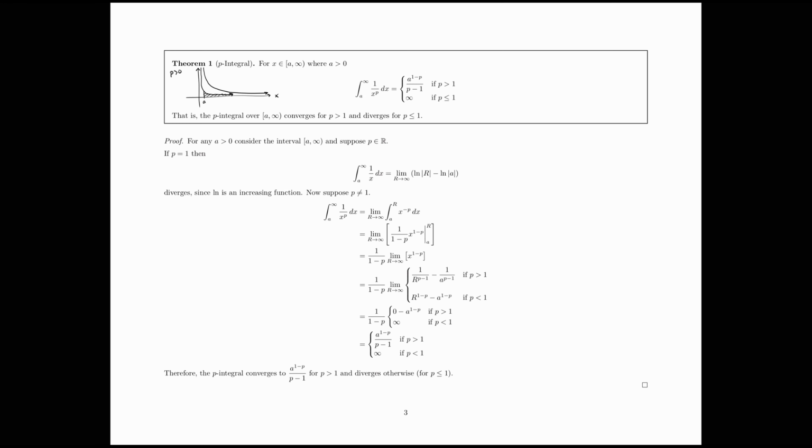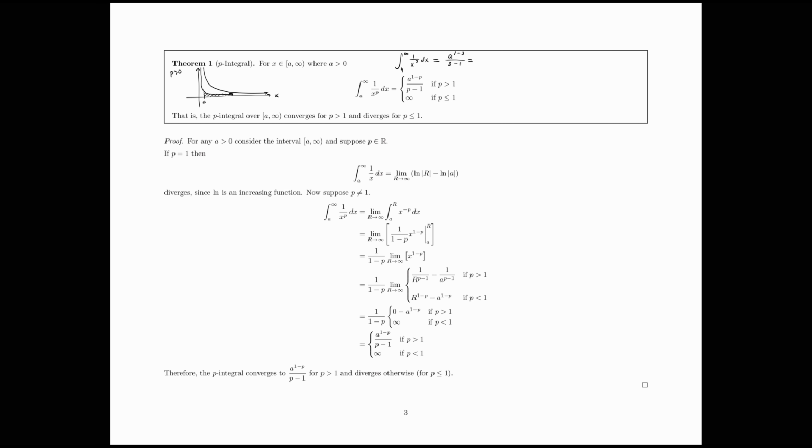For instance, if I had the integral from, let's say, 4 to infinity of 1 over x to the third power, 1 over x cubed. Since p is equal to 3, which is greater than 1, I know that this integral converges, and it converges to a to the 1 minus 3 over 3 minus 1.